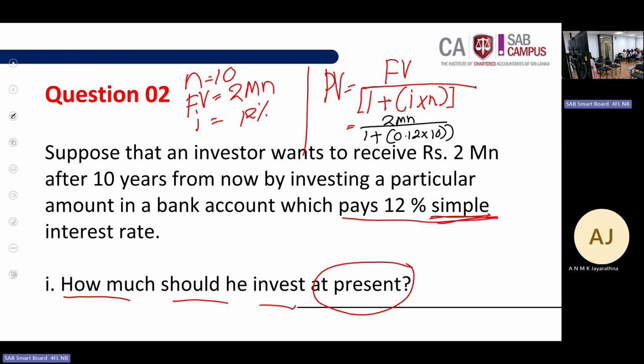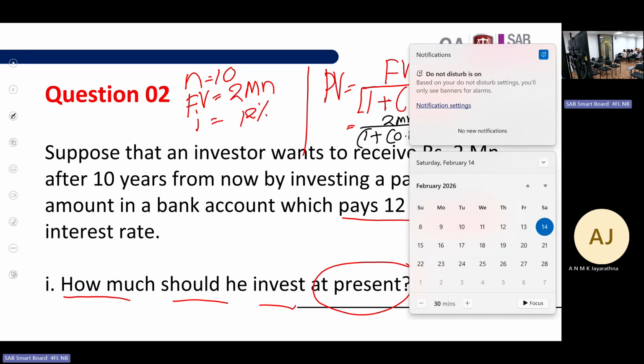What is the answer? 909,909.9 or something. Am I correct? Yes. That is the amount that you need to deposit today if you want to have 2 million after 10 years from now, but the interest rate should be a simple interest rate.